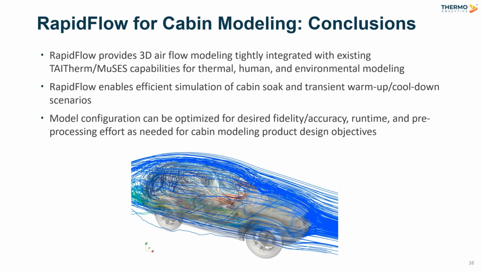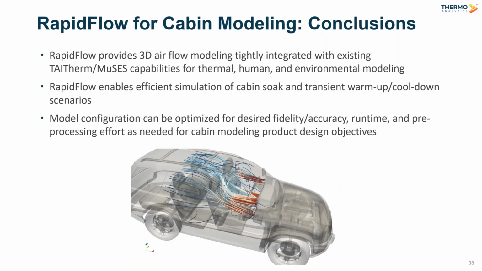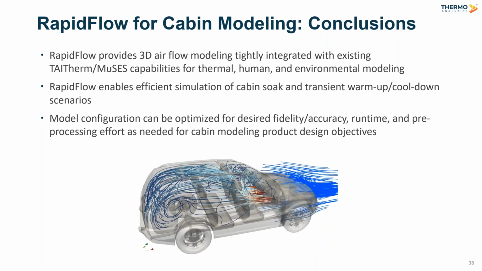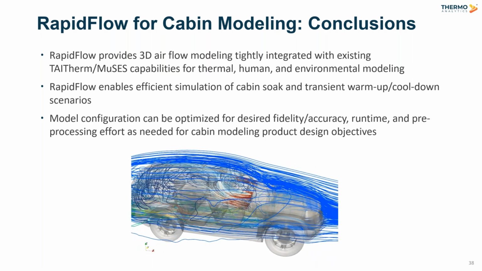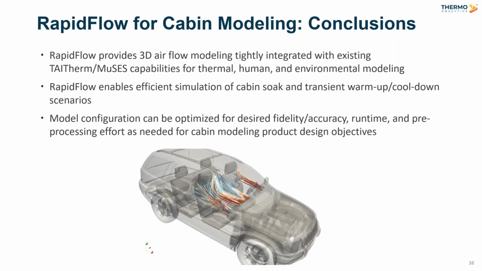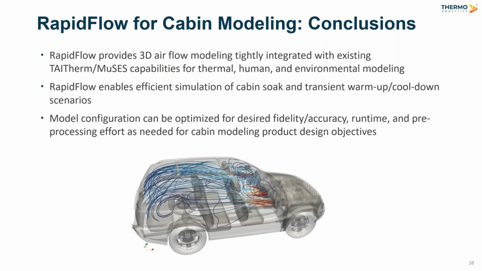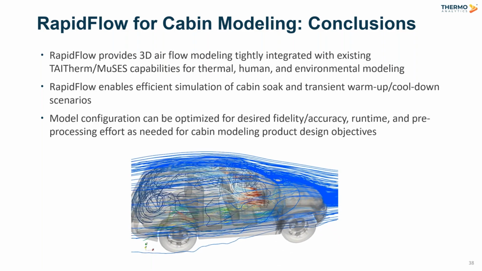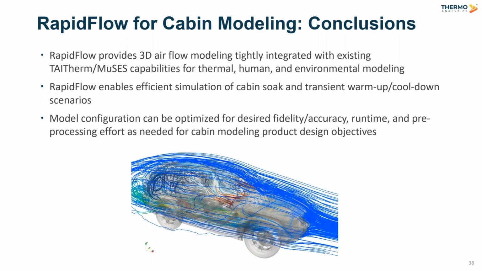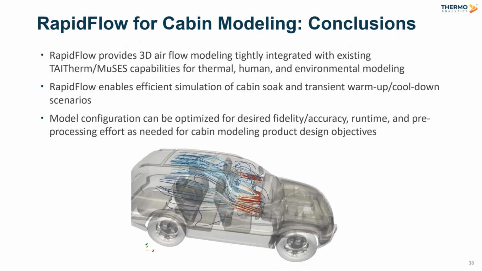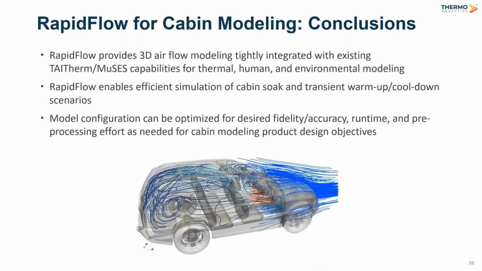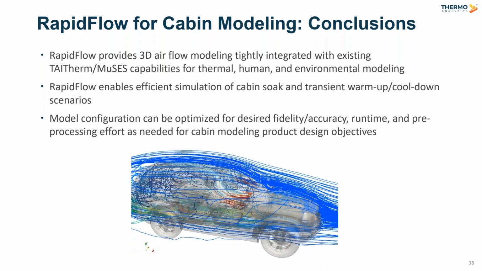The main focus of that is just for representing convective conditions on the outside. Right now with RapidFlow, we're not doing detailed modeling of components like heat exchangers and fans. So with a higher focus on that, that might not make sense. But for just improving the convective accuracy on the outside of a vehicle, it can be used for that.